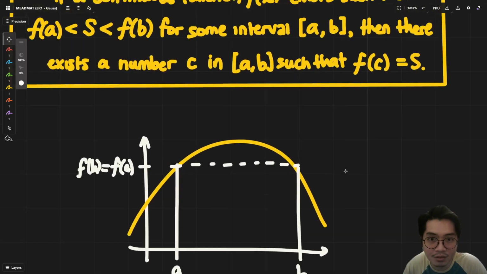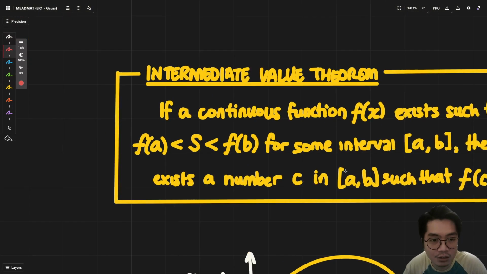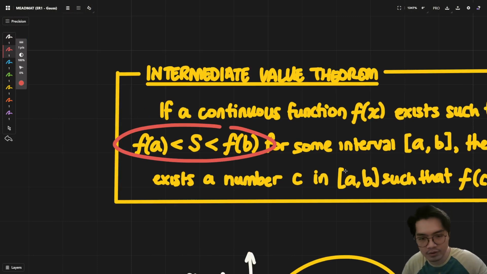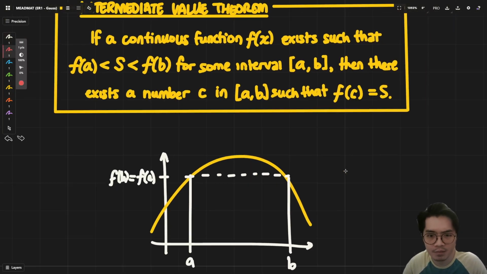Because the thing about the theorem is that it only accounts for values within this range of f of A and f of B. It does not say anything about the possibility that f of A is equal to f of B. So in this case, the intermediate value theorem is not going to help us.